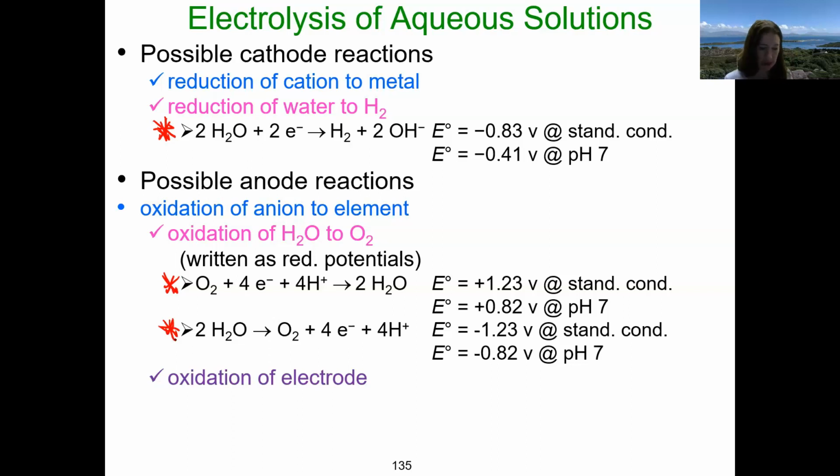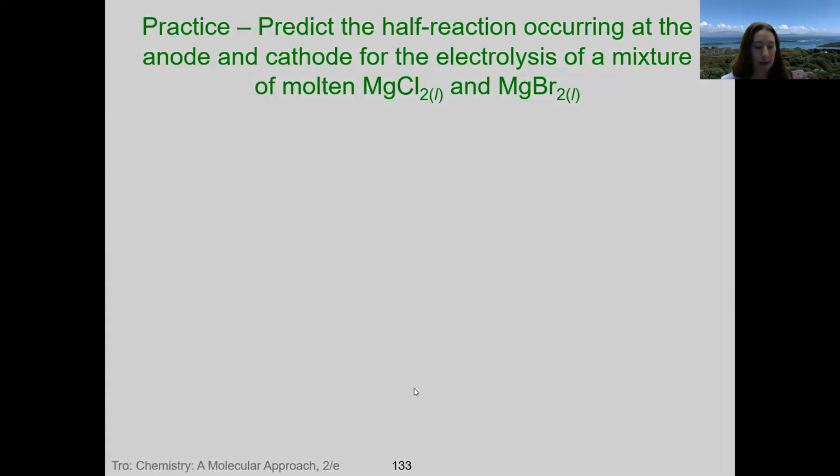And again, I'm writing these as reduction potentials because I just want to keep in our brain more positive reduction, more negative oxidation. And always remember the anions are oxidized, cations are reduced. So I'm just going to go back to the table really fast. I'm going to explain what these are in just a second. I just want to go back to our table so you can see these. I wrote these on the table for us with arrows.